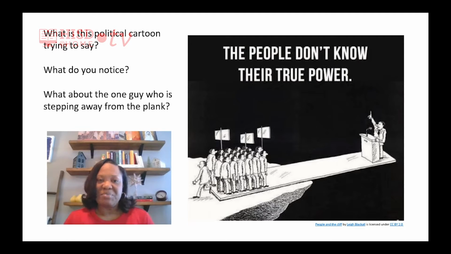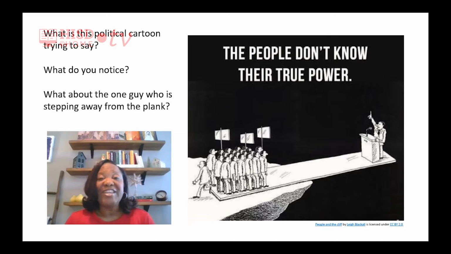Half of it seems to be on land, and the other half seems to be over the cliff. It looks like the part over the cliff has maybe a politician who is talking. It looks like he's trying to make his point. And the people are on the steady part, on the land, holding some signs.